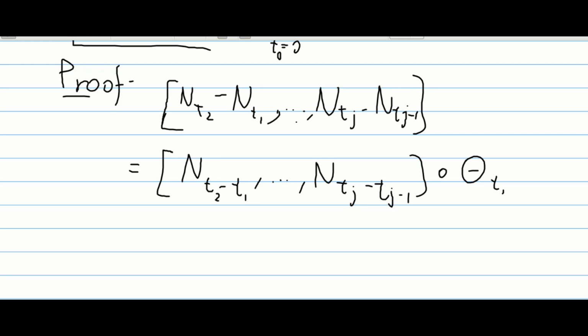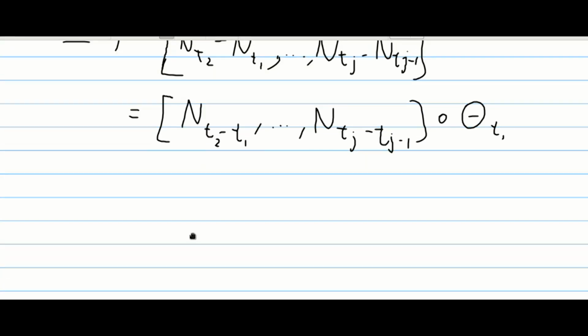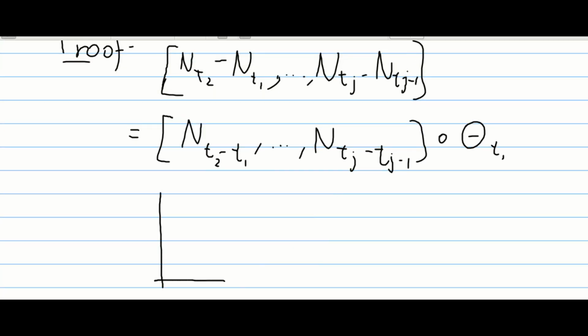So let me make a picture to describe why this is true. So we have here a process. We are looking at the increments. So this is t1, t2. These numbers in time here are deterministic. They don't shift with time.